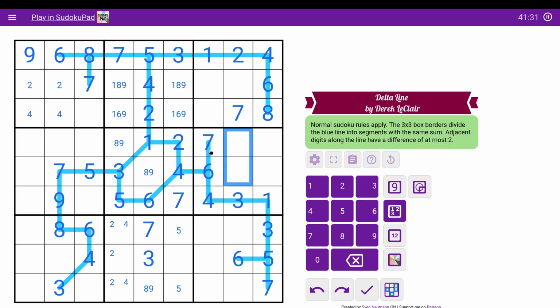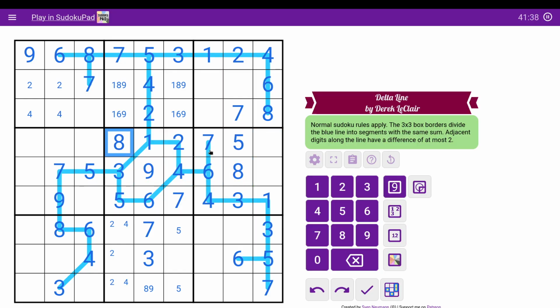Let's just do it. 5. 2. 4's almost uniquely determined there. 7, 8, 9, 6. 5 and 3, 2, 1. 2, 1, 3.